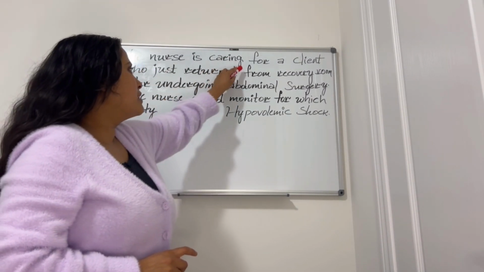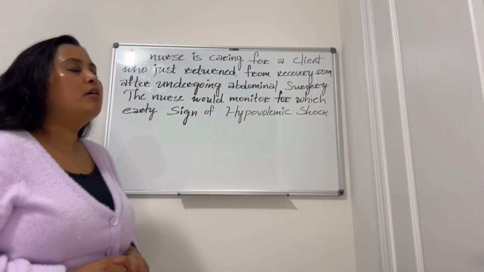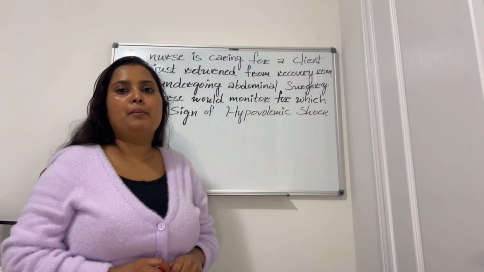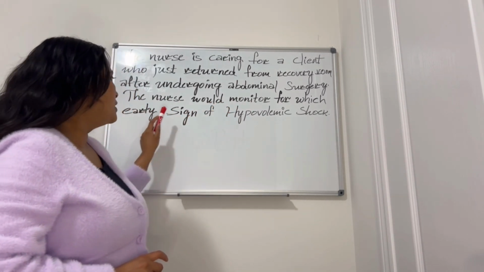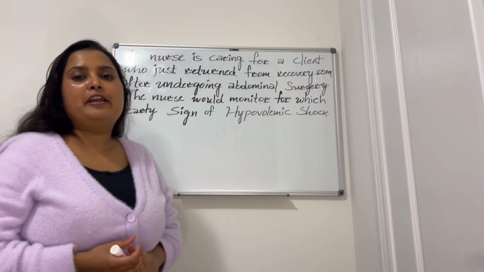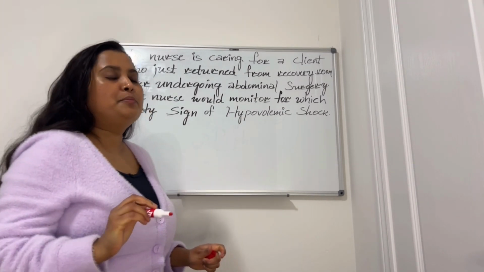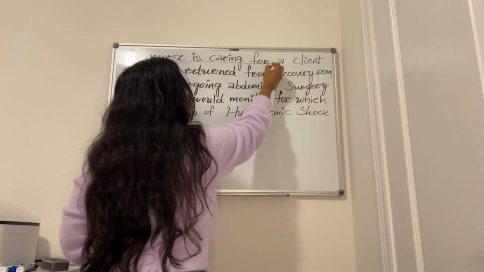The nurse is caring for a client who just returned from recovery room after undergoing abdominal surgery. The nurse would monitor for which early sign of hypovolemic shock? This is a straightforward question, so let's break down the question. I'm going to break it into 2 parts.